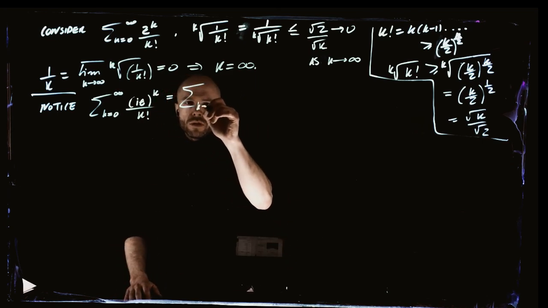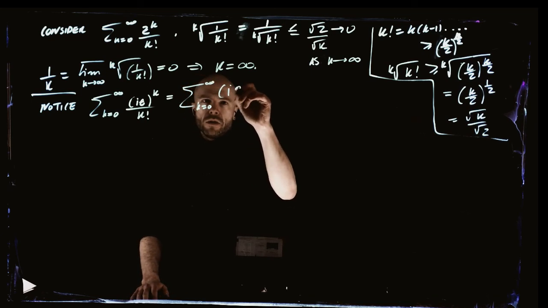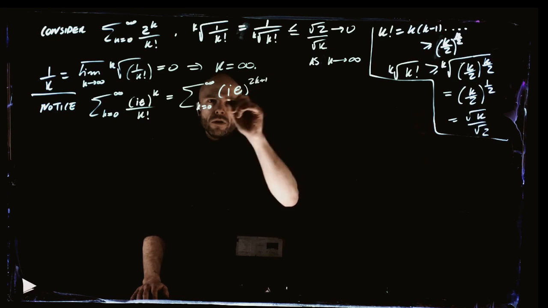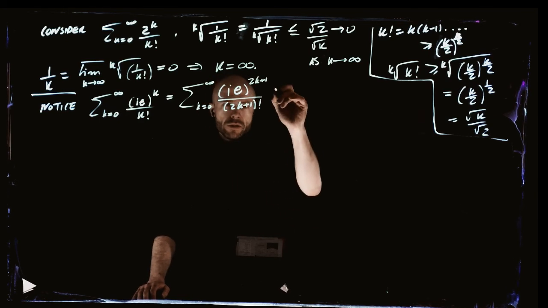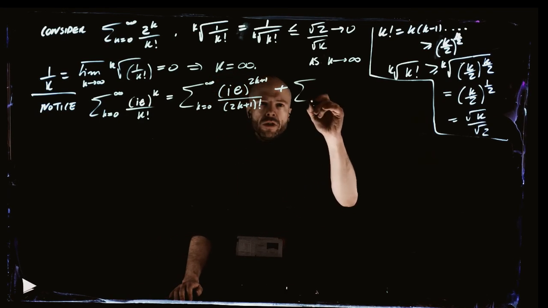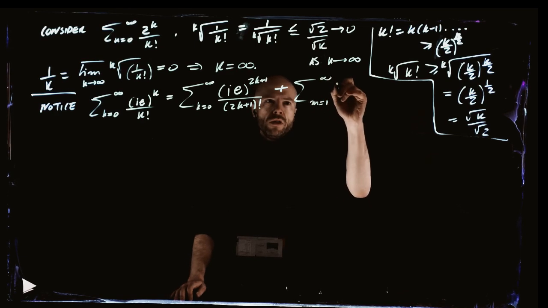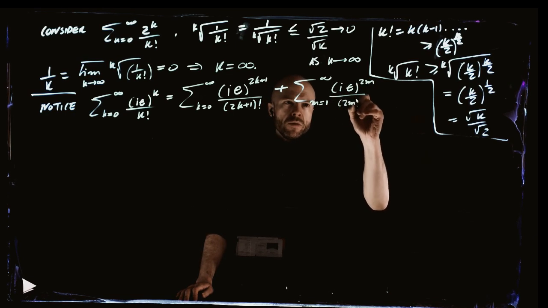The sum k equals 0 to infinity of i theta to the 2k plus 1 over 2k plus 1 factorial, like this, and then the sum over the even terms, say m equals 1 to infinity of i theta to the 2m over 2m factorial.